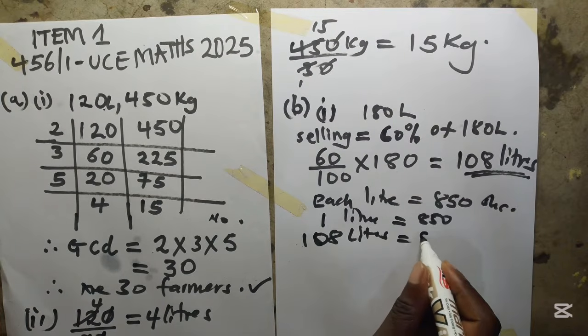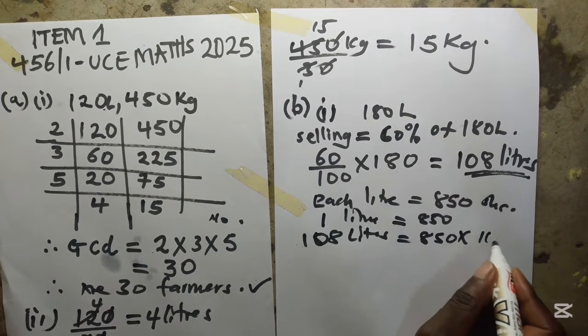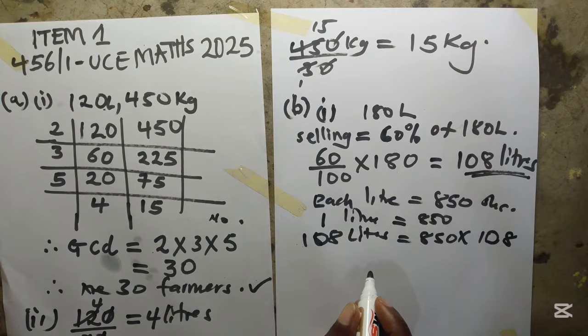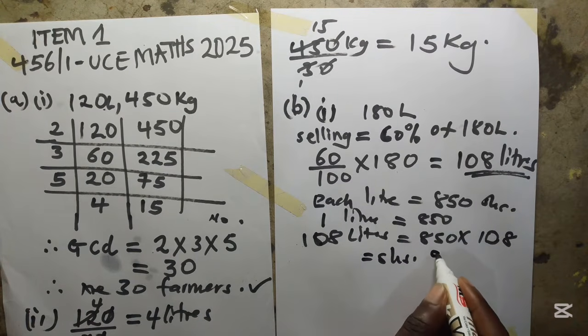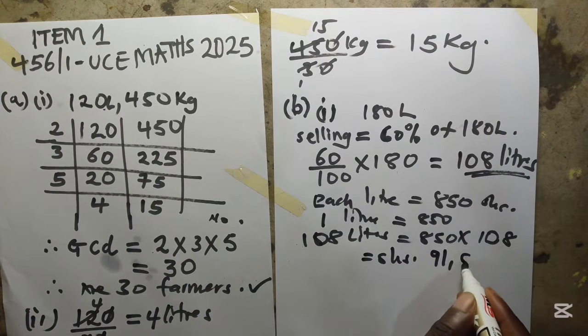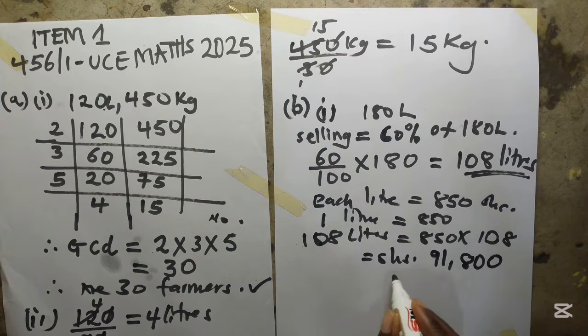It will be 850 times 108. And what do you get there? I'm getting shillings 91,800. So that answers part B of our task, Roman 1.